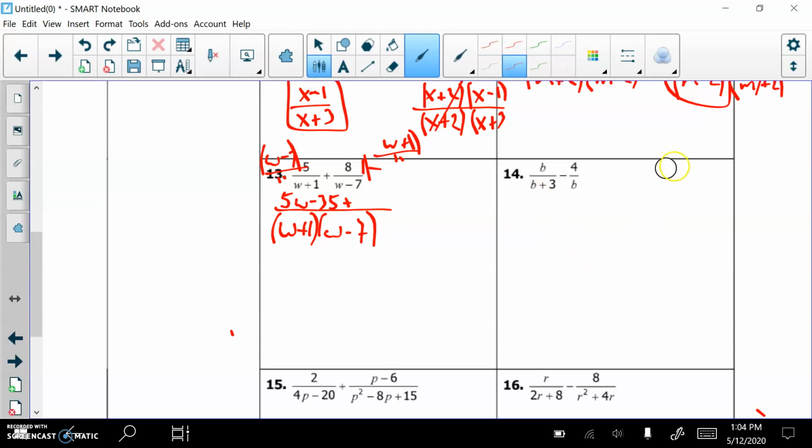I wonder if I need new batteries in my pen. 8 times w plus 1 is 8w plus 8.